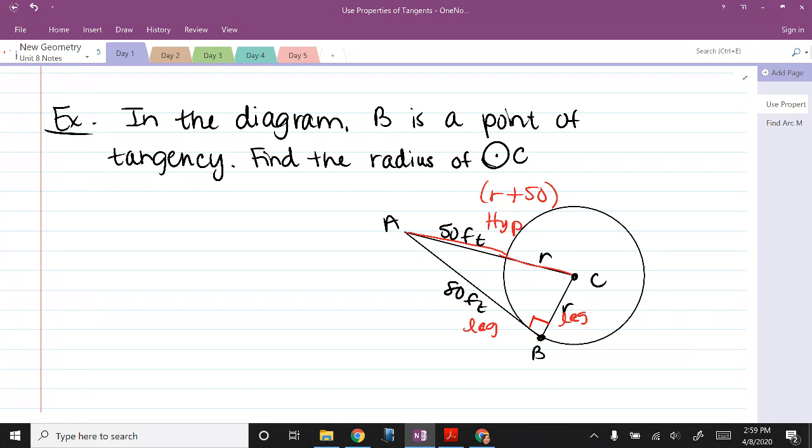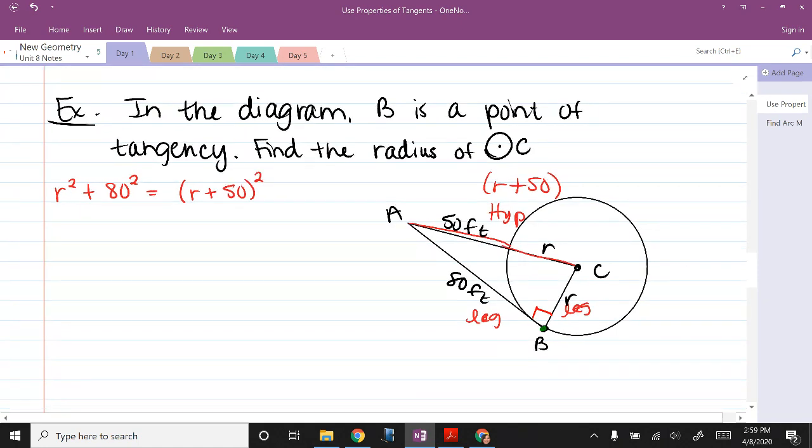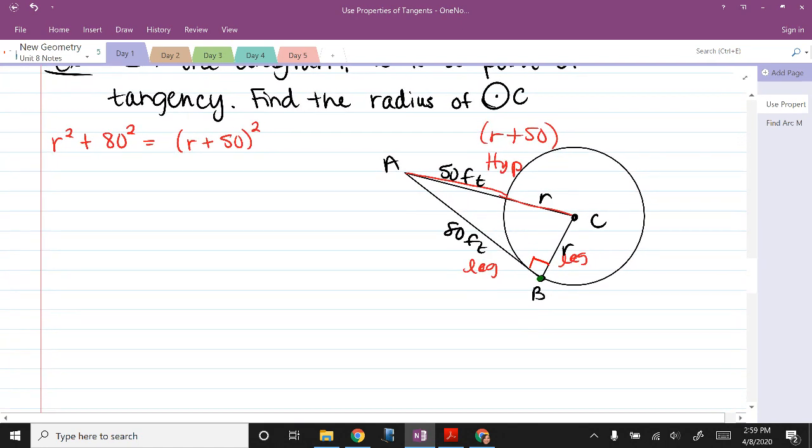So I plug in my Pythagorean theorem, leg squared plus leg squared equals hypotenuse squared. So I've got R squared plus 80 squared equals (R plus 50) squared. Now back in Algebra 1, I told you guys that (R plus 50) squared is going to be (R plus 50) times (R plus 50).